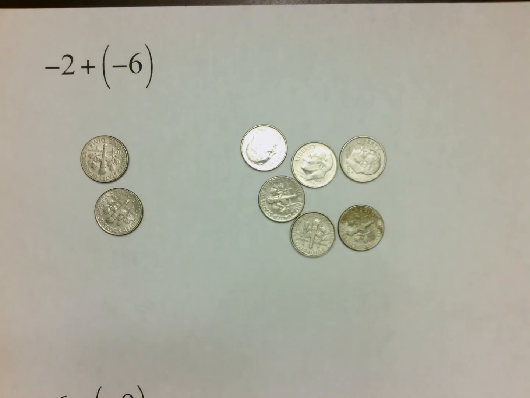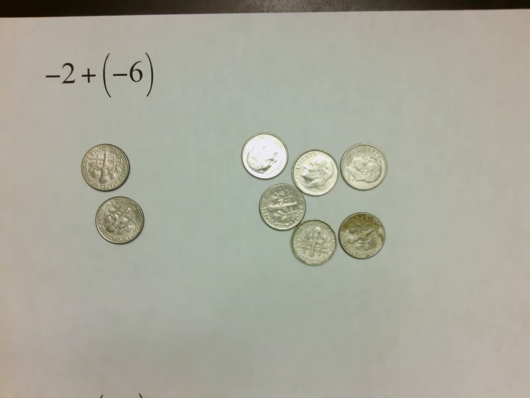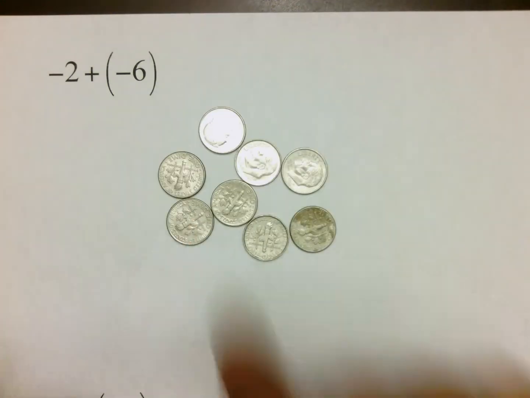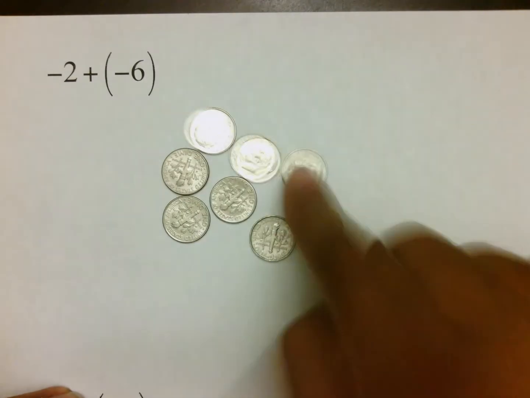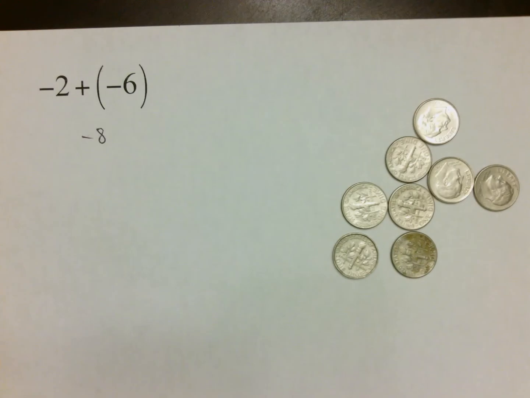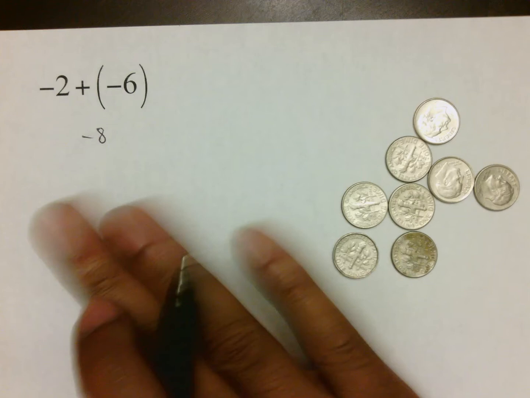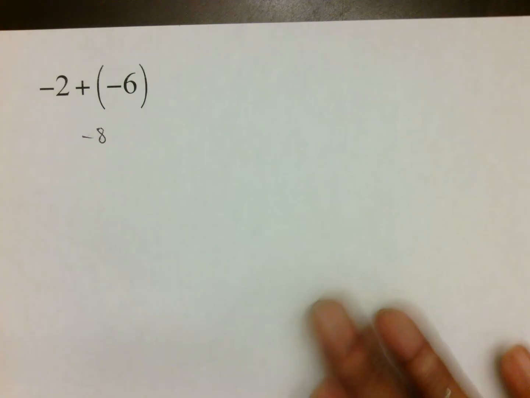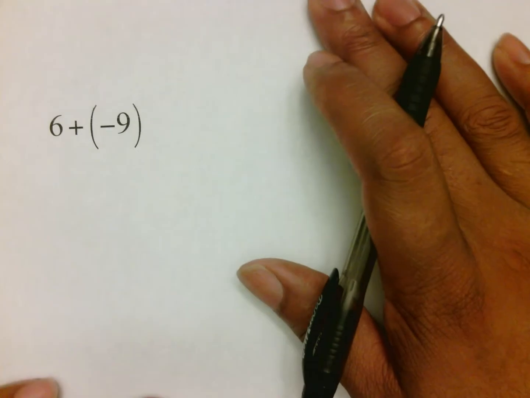And what happens is nothing cancels. And because nothing cancels, we are just going to take all these dimes and push them together to make 8 dimes, which means that our answer is negative 8. Again, I'm going to let that sit for a minute, and we'll talk about why it happened in just a second. But for right now, that is what we did with our pennies and our dimes.